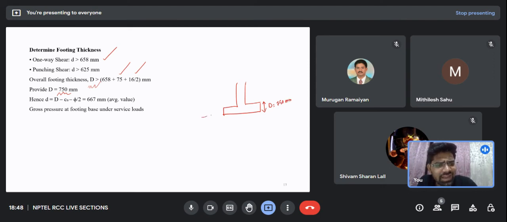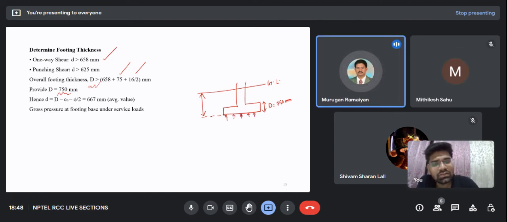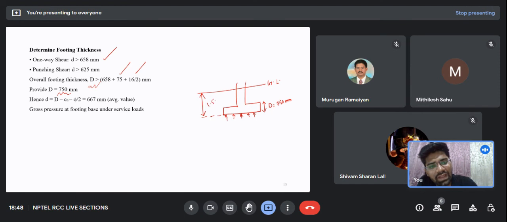And what was this height given? Can any one of you tell me? The depth of the footing was how much below the ground level? Yes, it is 1.5 meter, and the depth of footing which I get is 750 mm, which is 0.75 meter.